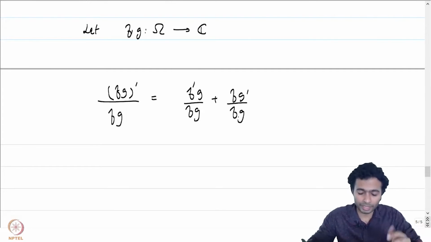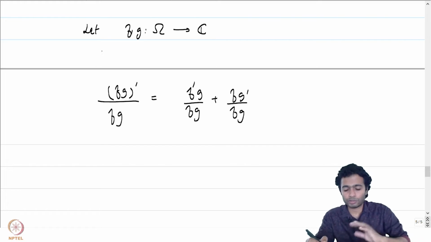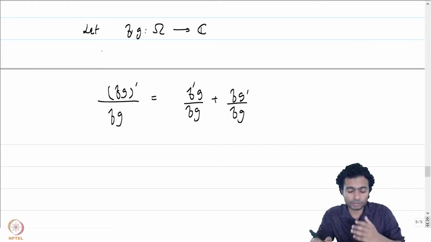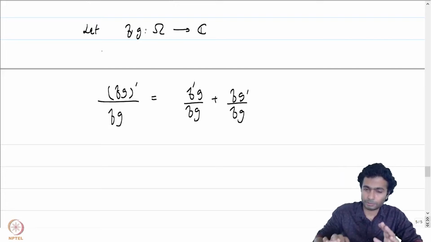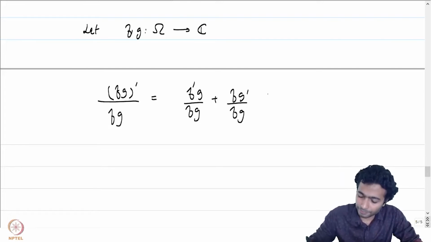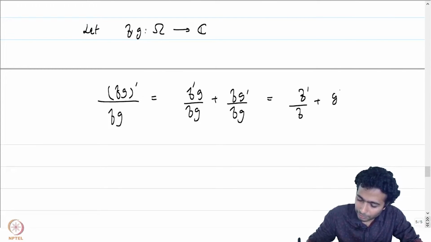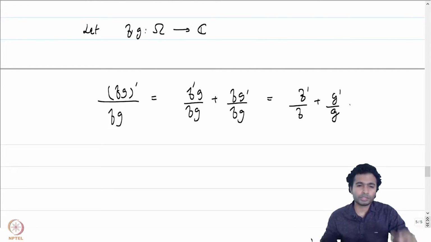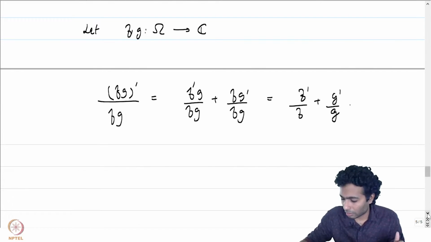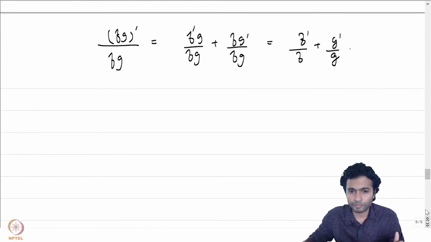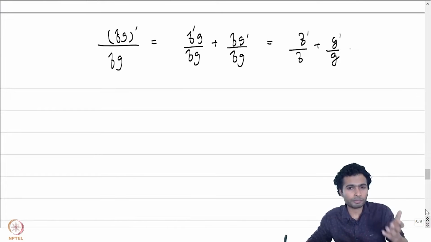Again, away from the zeros of f and the zeros of g. I will not write that again and again, it is understood. This is being written wherever it makes sense, and that is precisely equal to f prime by f plus g prime by g. So, notice that if we did have a log, this is exactly how log of f plus log of g would be, the derivative of that.